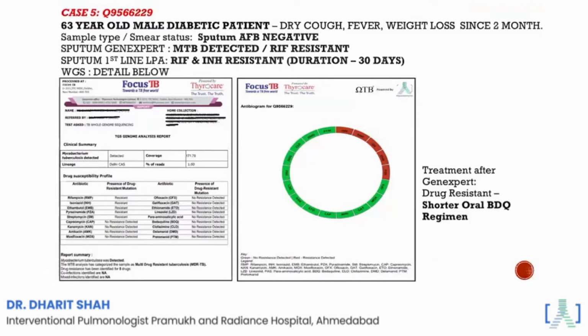So first, with the GeneXpert report, we started. The GeneXpert report is MTB detected and rifampicin resistant. So we directed the patient to the shorter oral bedaquiline regimen.